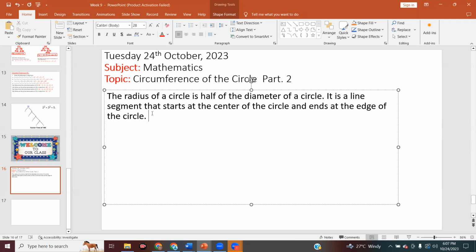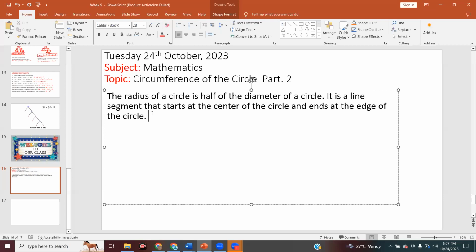Now, when we talk about the diameter of the circle, that is also a chord, but it's a chord that runs from end to end of the circle and it must pass through the center.